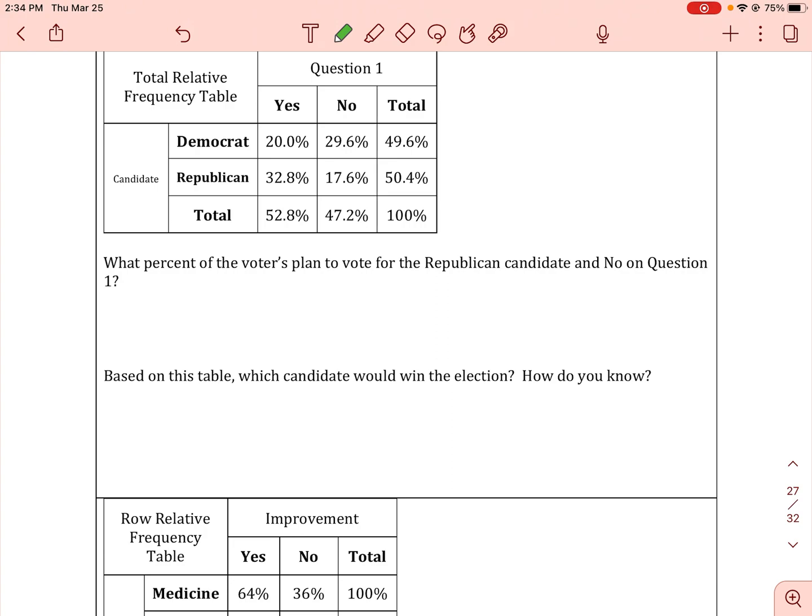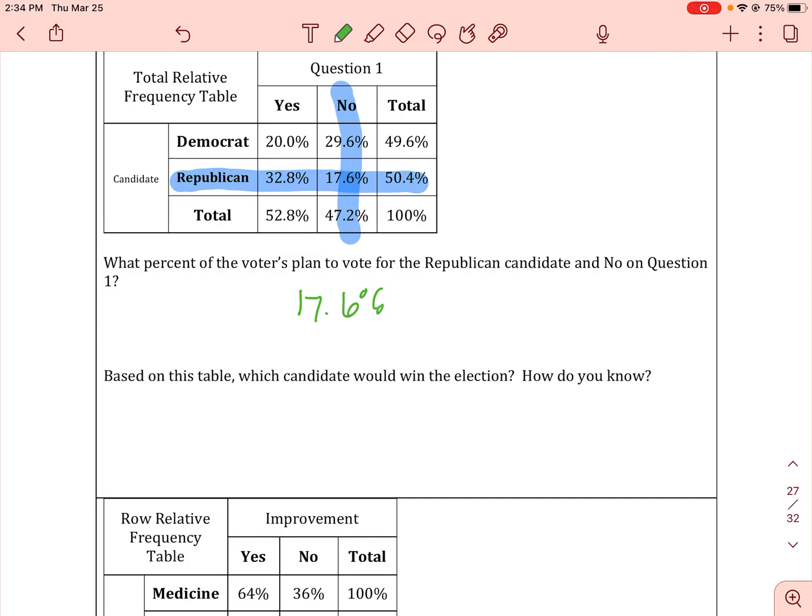So what percent of the voters plan to vote for the Republican candidate and no on question 1? So Republican and no, and where those cross over, it is 17.6%. Based on this table, which candidate would win the election?